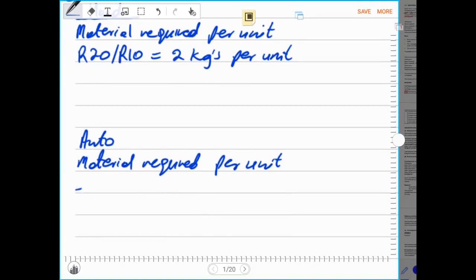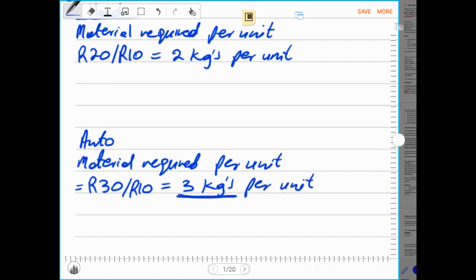It will be the cost per unit, which is 30 Rand divided by the cost per kg, being 10 Rand, and this will give us 3 kgs per unit, meaning we need 3 kgs to complete 1 unit of auto washing powder.